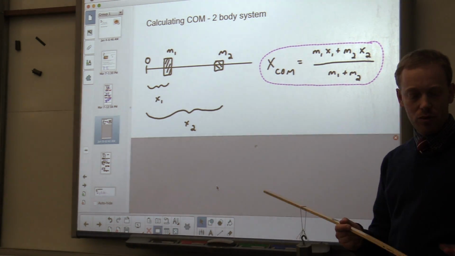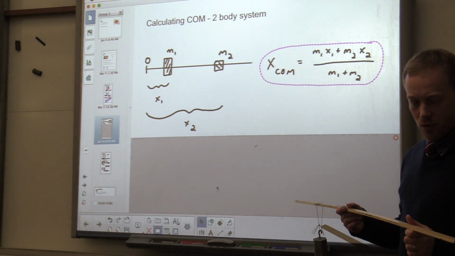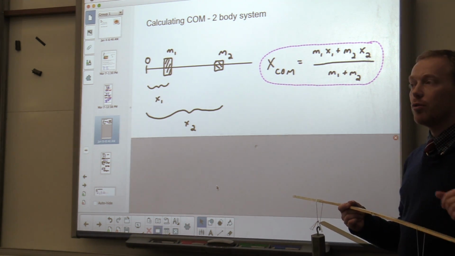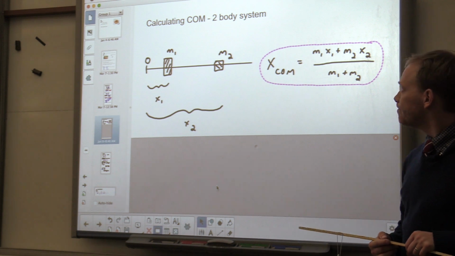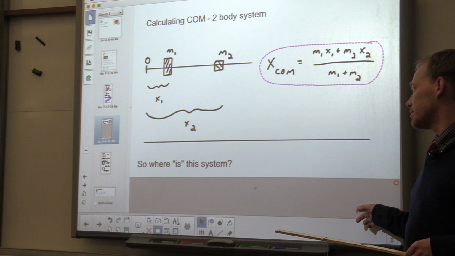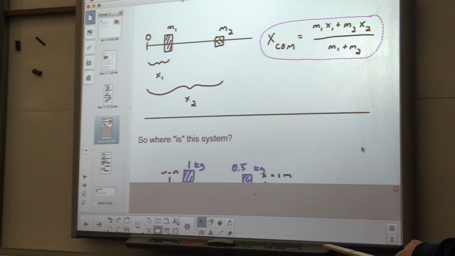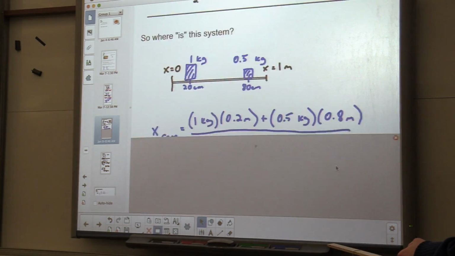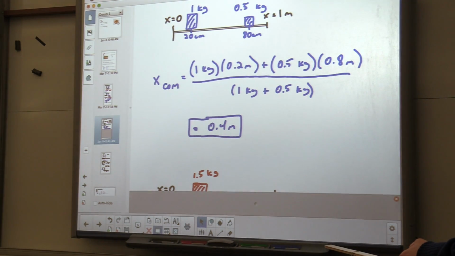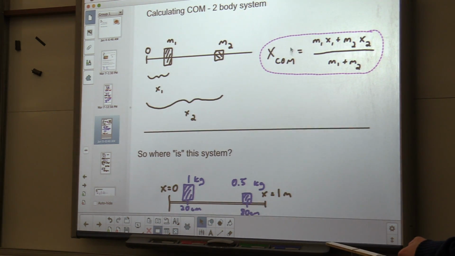The center of mass of two objects is m1 x1 plus m2 x2 divided by the total mass in the system. And so if I do that, then here's just a calculation showing how to use this formula.